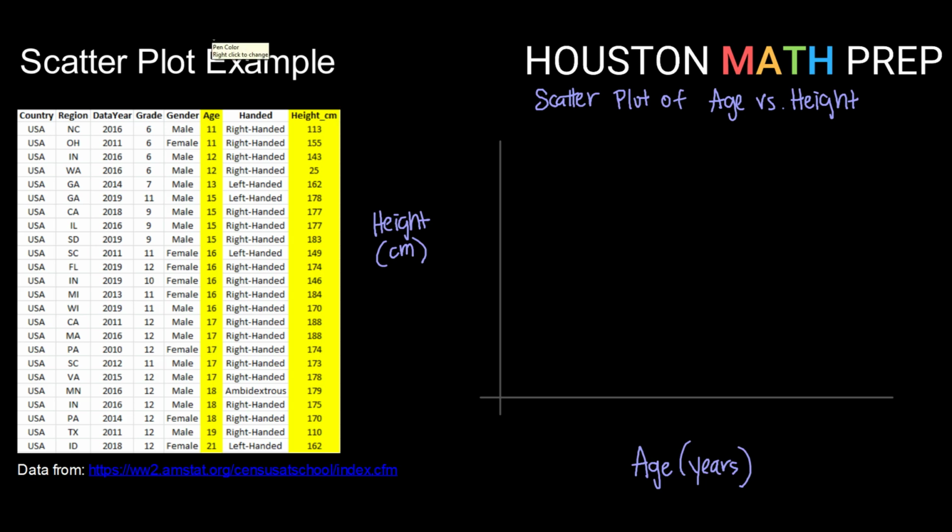The next thing that I need is to decide on a scale for my horizontal and my vertical axis. So on my horizontal axis, I need all the values from 11 to 21. I don't know that having all those on there is super easy to read, but let's try it out. I'm going to put my little squiggle that means I'm skipping some information and go ahead and start at 11.